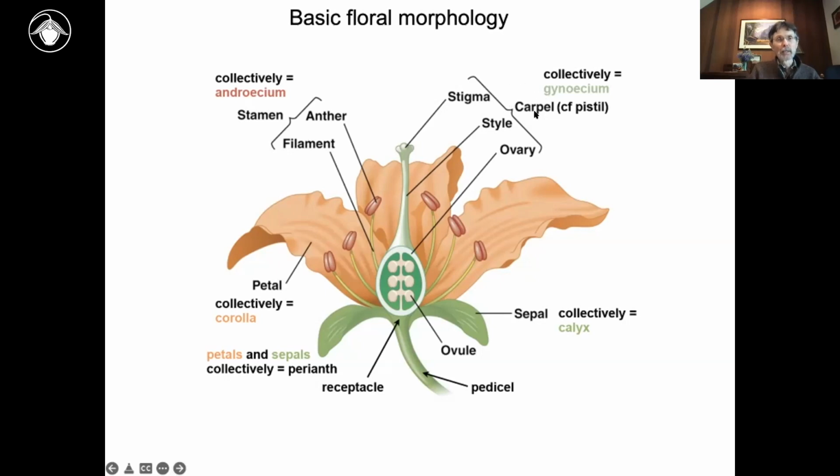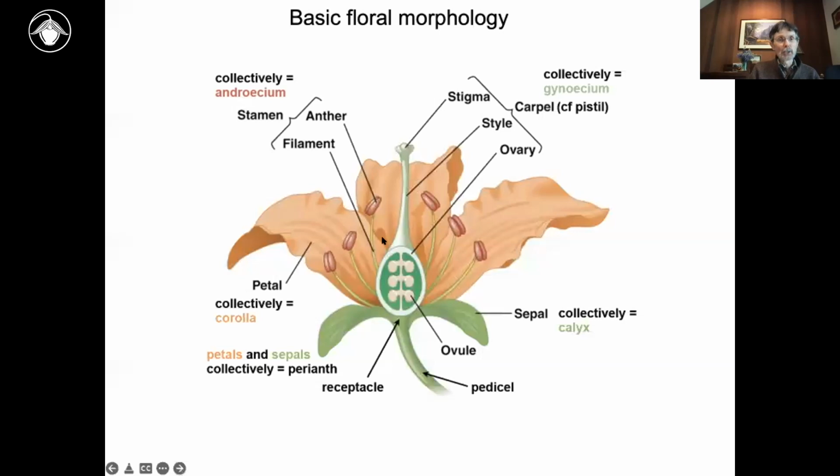A carpel is just the modified leaf that's basically sealed along its margins to contain the ovules. But multiple carpels, or these modified leaves, can actually fuse together into a common structure that represents a pistil. So a pistil might be the same as a carpel in an instance where we have only one carpel per flower, or we might have multiple carpels per flower, but they're all free from one another.